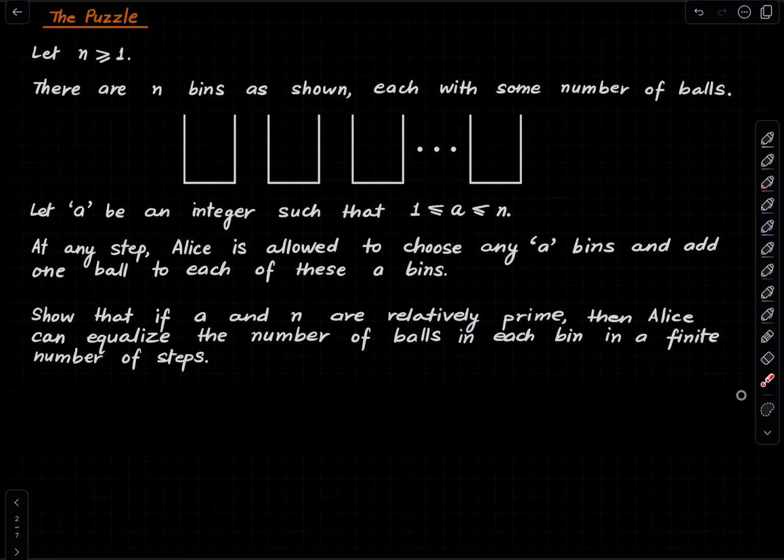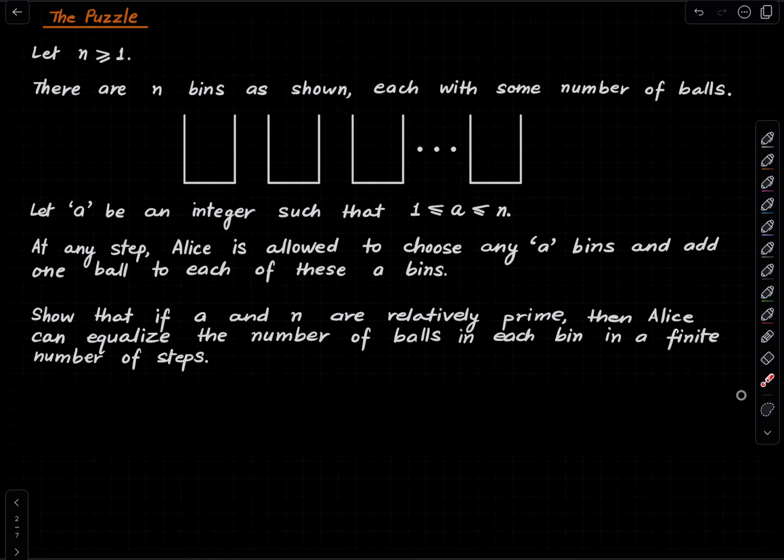Before Alice started doing anything, each bin had a certain number of balls in it. And that could be any number chosen by the adversary. The first bin could have 5 balls, the second could have 7 balls, and so on, just some fixed number of balls in each bin is given to Alice.